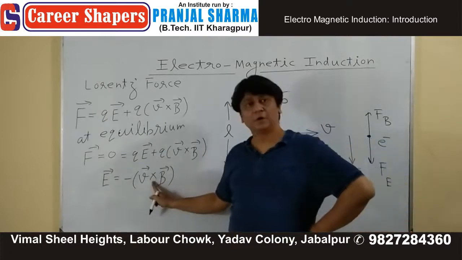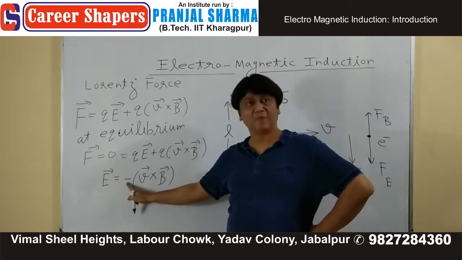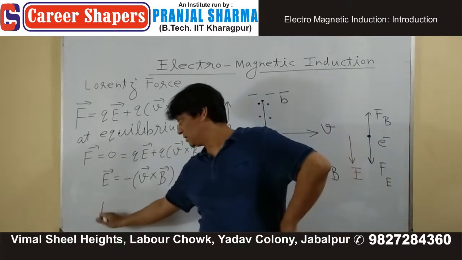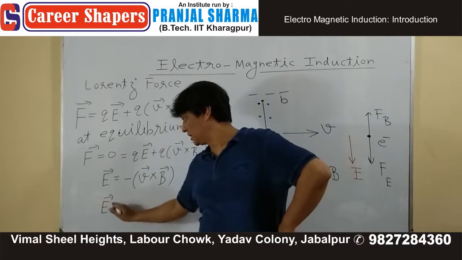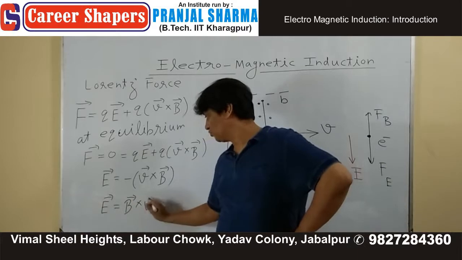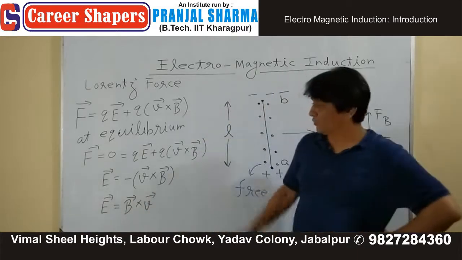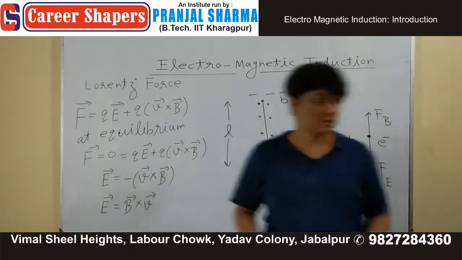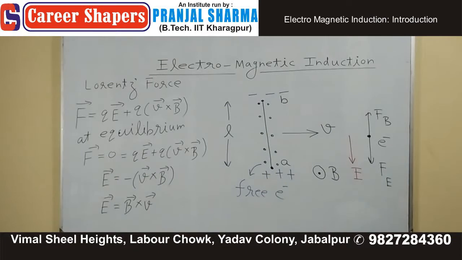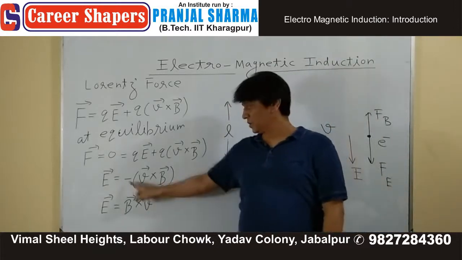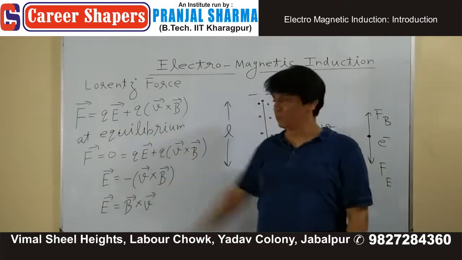What is this? Cross product. What is this? Negative sign. If I take this negative sign inside, then it gives me E as B cross V, because if you change their positions, the negative sign can be removed.